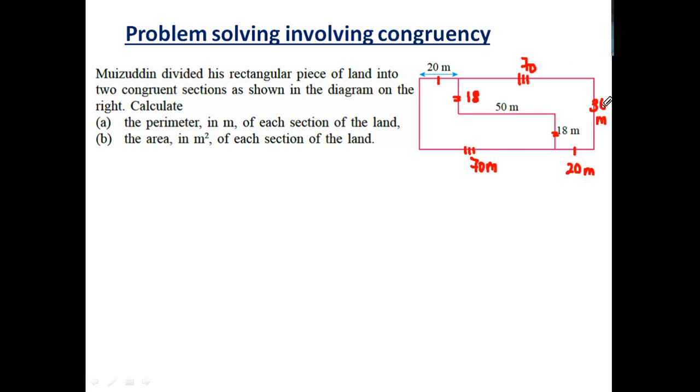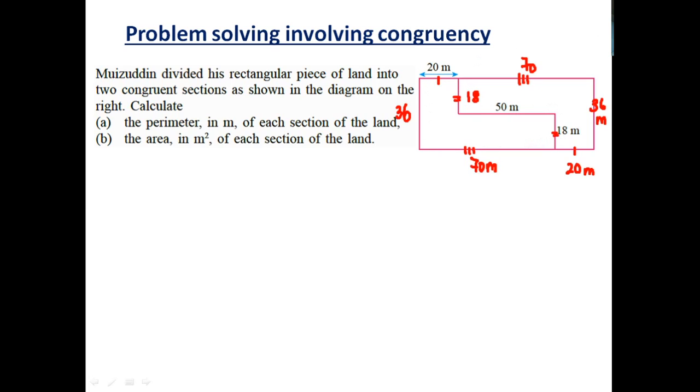And then this is 36 because this is a rectangle. So if this is 36, here also 36. Now look at the question. The question wants the perimeter. So the perimeter means the total length of the sides. So we must total all the lengths of this L shape.